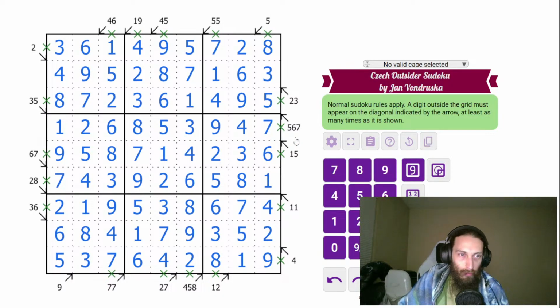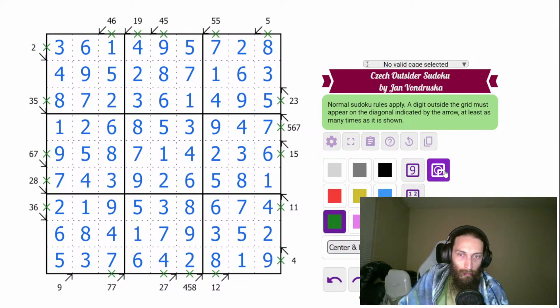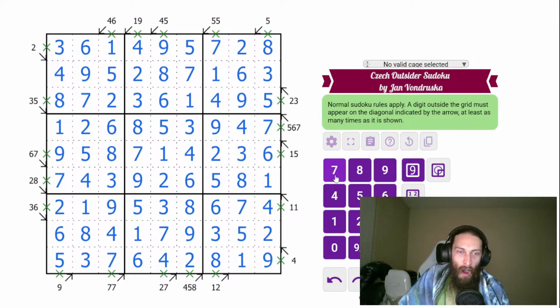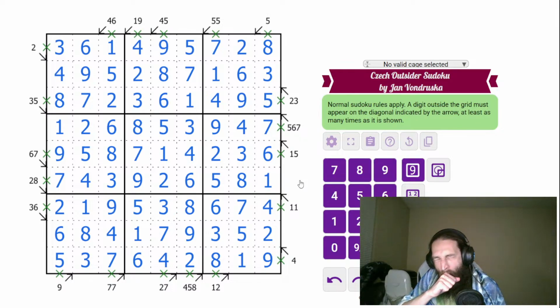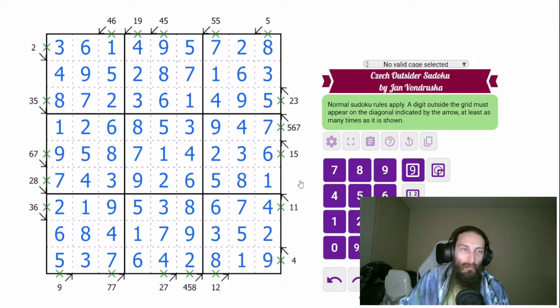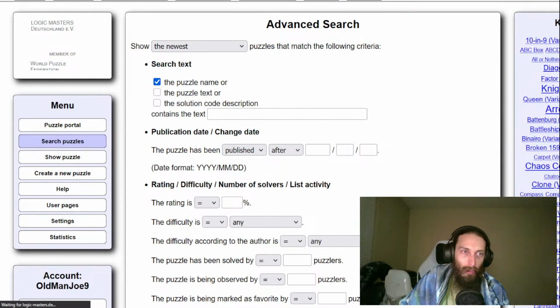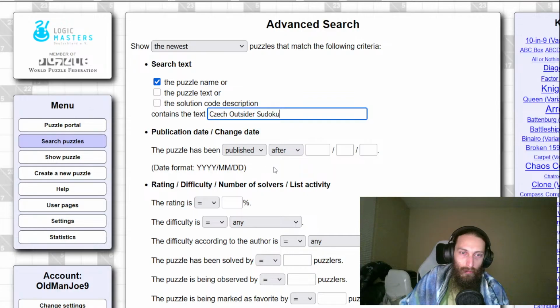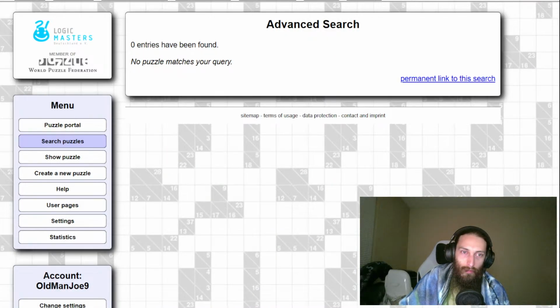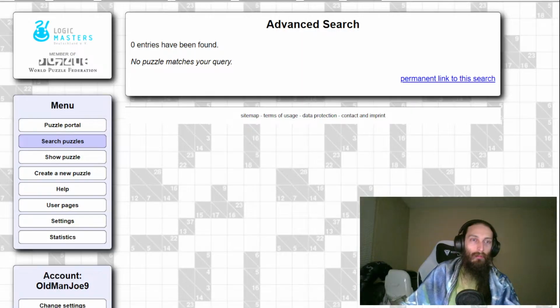This is a pretty good puzzle. That's Germany. It's not here.